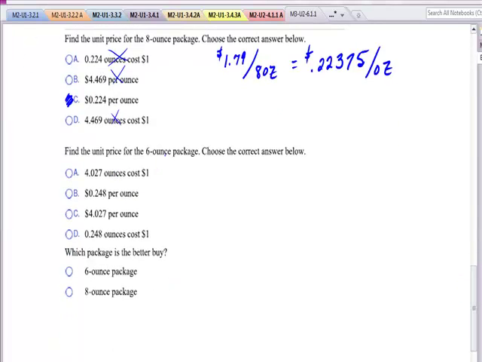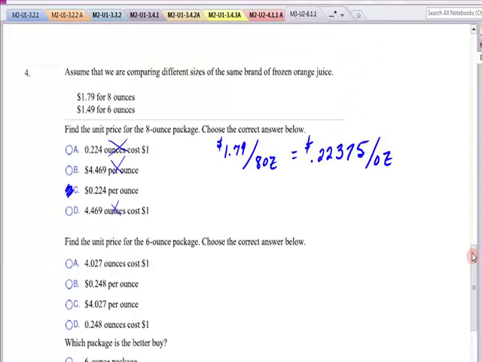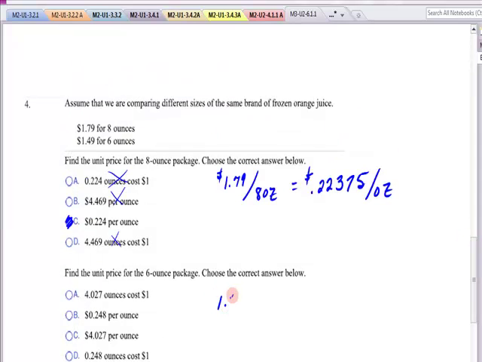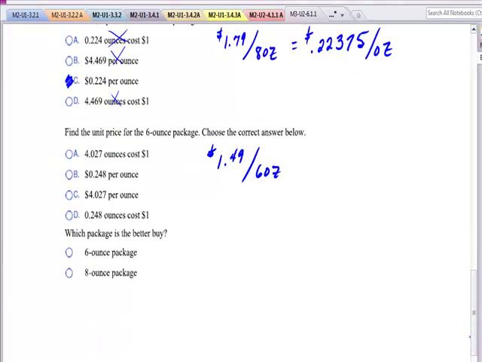All right. Now, the unit cost for the 6-ounce package, let's see. It is $1.49 for 6 ounces. So on my calculator, 1.49 divided by 6, and this goes on, it's a repeating decimal, 0.248333, and so on.